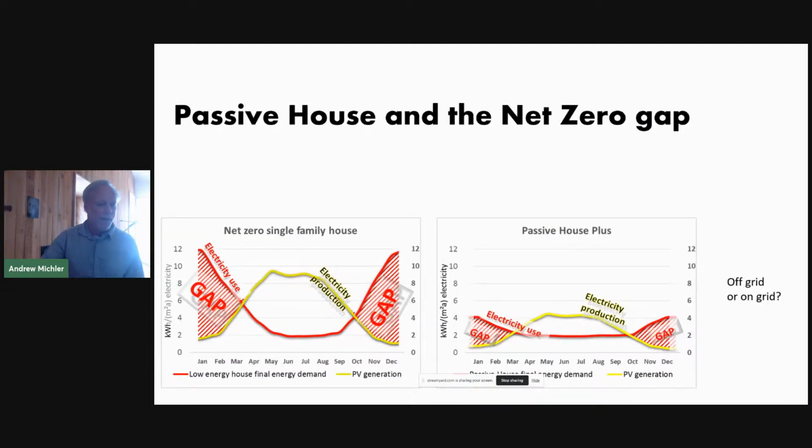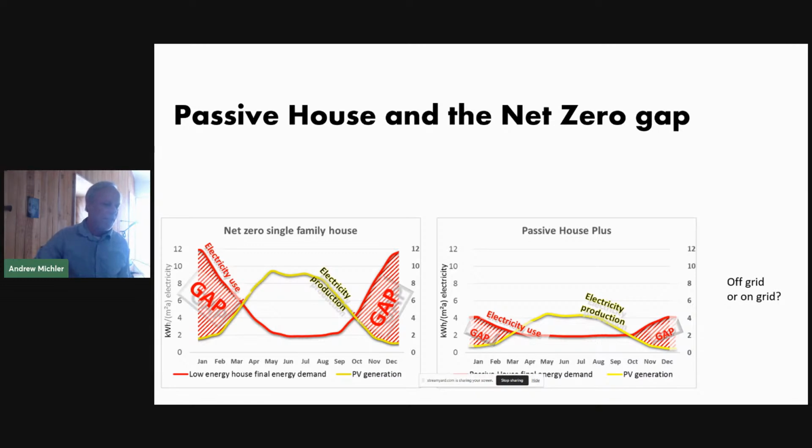Then we hear a lot about net zero nowadays, and it's great. I talked a little bit about that peaker plant problem and heating demand in the middle of winter. That's our highest demand for buildings. At nighttime, when our net zero building with a lot of solar panels on it is not producing, but we still have a lot of demand, especially if it's an all-electric home, then we're looking at a significant gap in the amount of energy that the house can produce to how much the house needs.